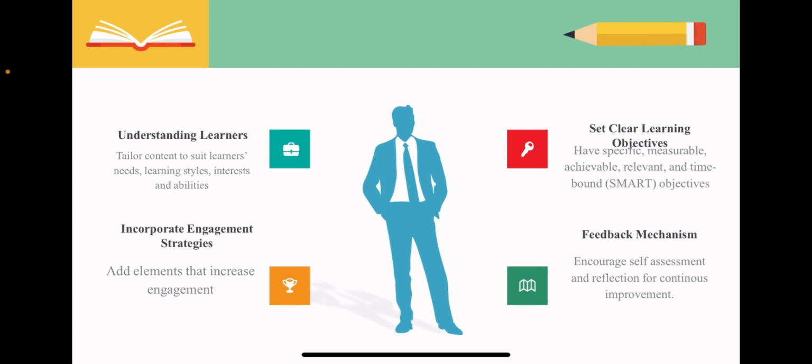That kind of objective just puts you and the child under undue pressure. So you understand the child. That's why understanding the learner comes first, because your understanding of the learner is what will guide you in setting this clear learning objective. And you should put in mind that it must be SMART objectives.